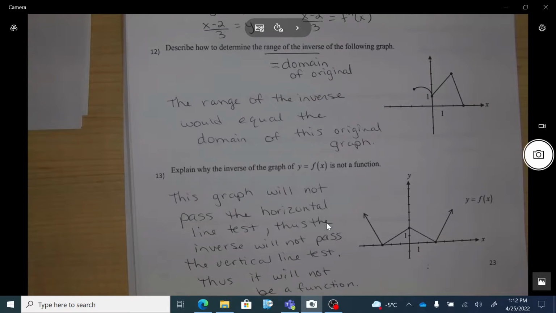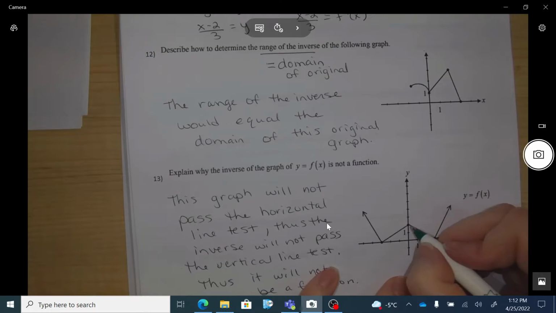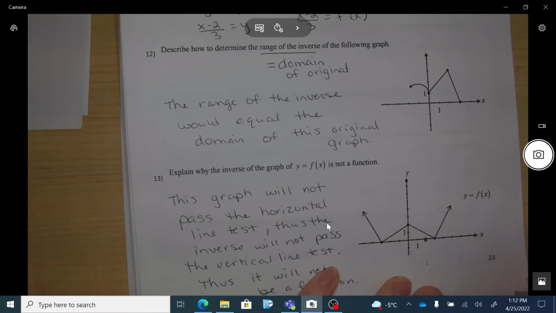Okay, if somebody wanted to actually graph, for instance, 0, 2 would become 2, 0, negative 3, 0 would become 0, negative 3, 3, 0 is now that. Let's go negative 4, 1 would become 1, negative 4.